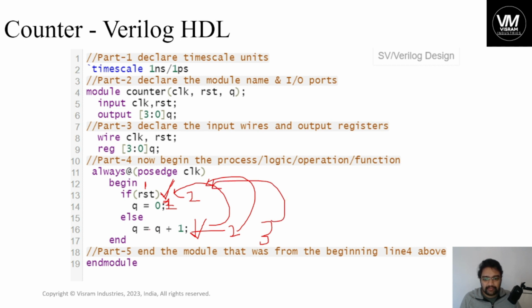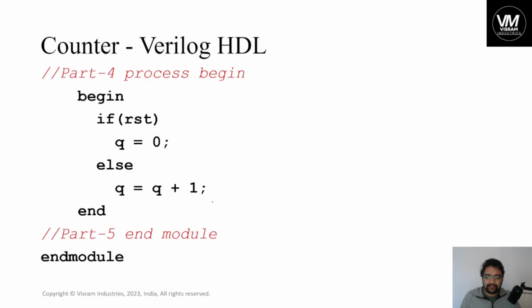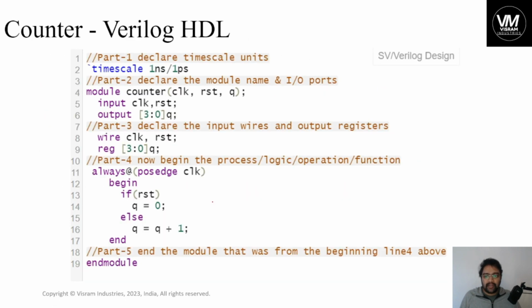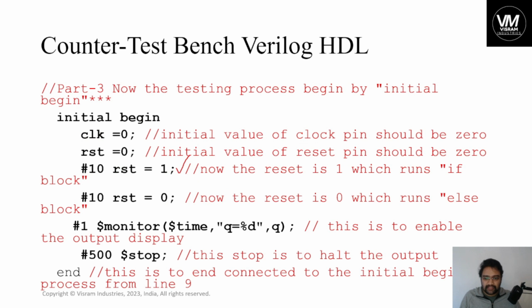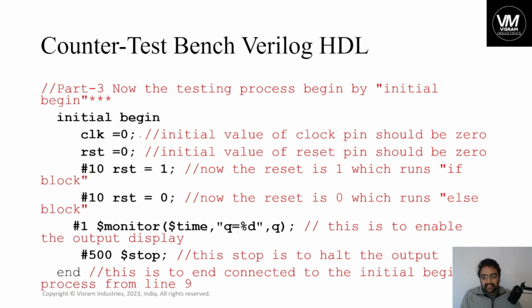Now it comes with 3 plus 1, which is 4. So this is how the counting happens: 0, 1, 2, 3, 4. This is how the process happens.